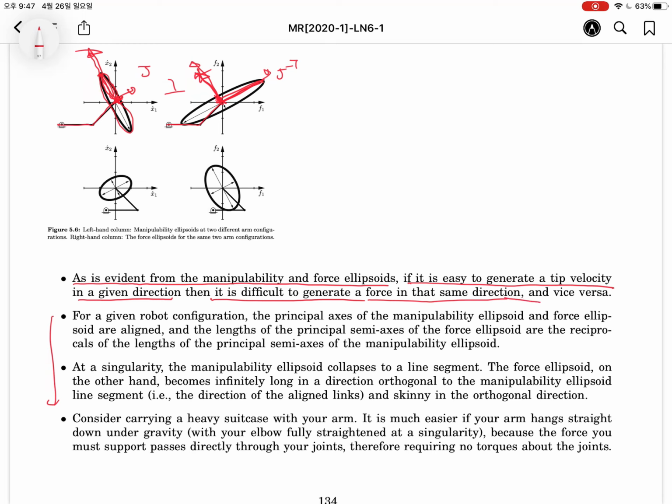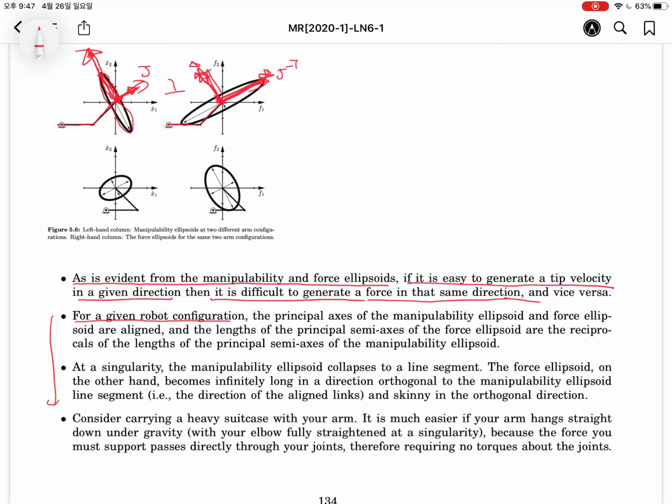On the other hand, it's very difficult to move in this direction. At that time, the force can be generated easily using this posture. So it's hard, it's easy.